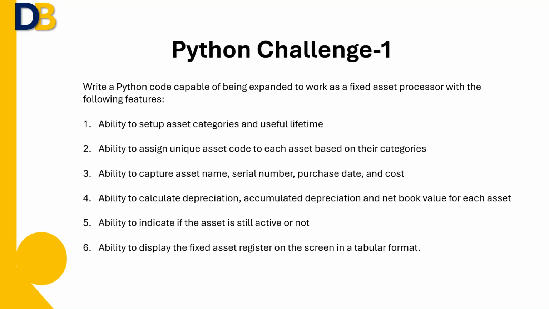So if an asset has a depreciation of say $10 for the sake of illustration, and it has spent 11 months, the accumulated depreciation will be 10 times 11, which will be $110. So if the original cost of the asset is known, you can take the $110 away from it, and what you have left will be the net book value for that specific asset.